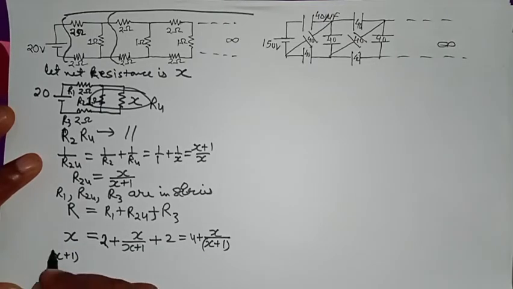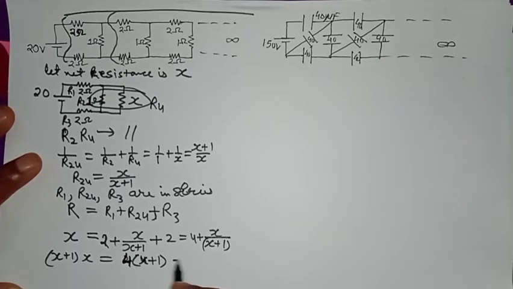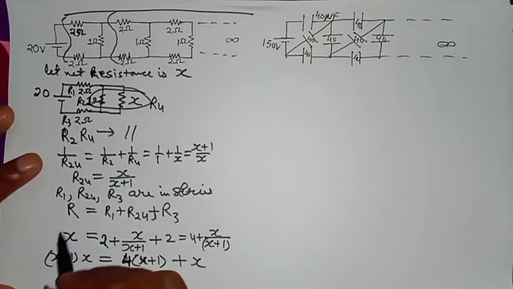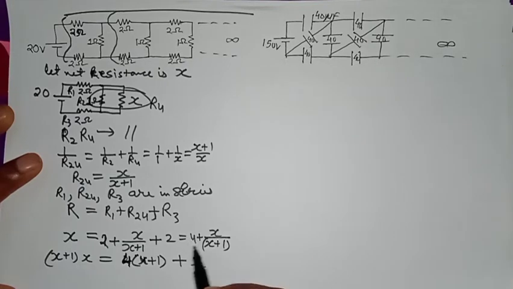Class 10th problem. 4 is there now. See, X multiplied by X plus 1, 4 multiplied by X plus 1, X upon X plus 1 multiplied by X plus 1. So it turned out to be a quadratic equation, which I think we can solve.